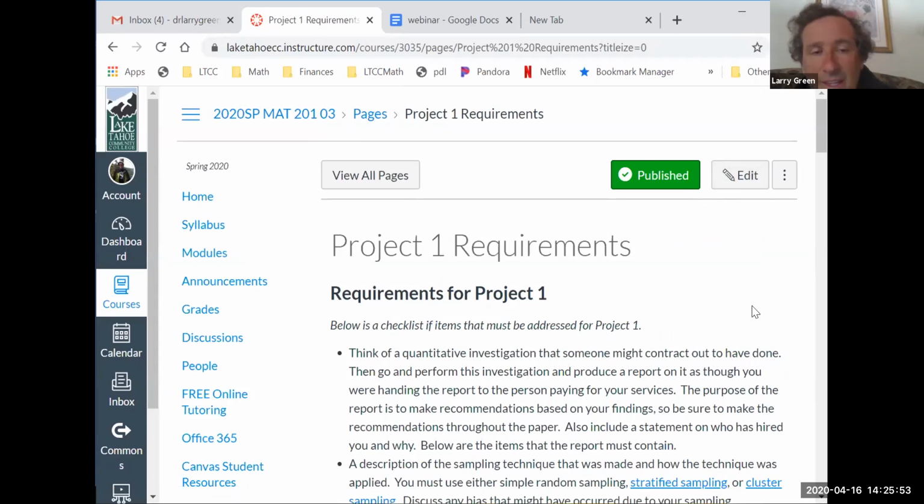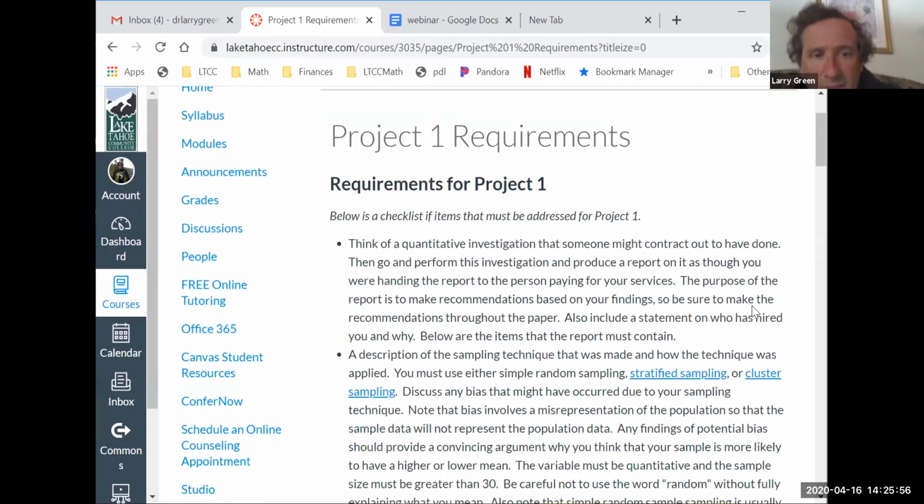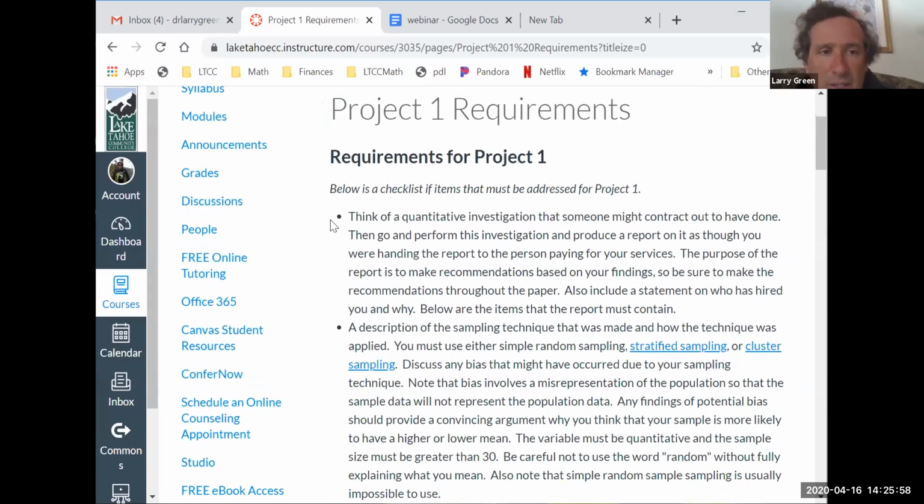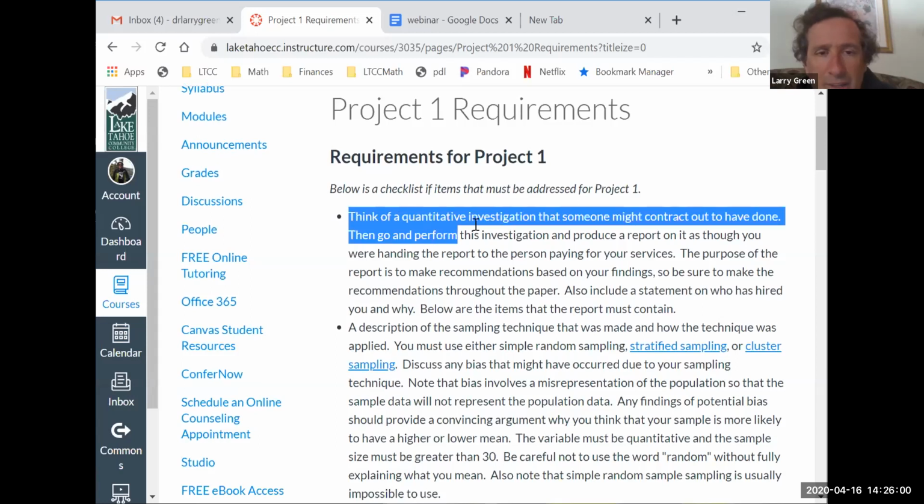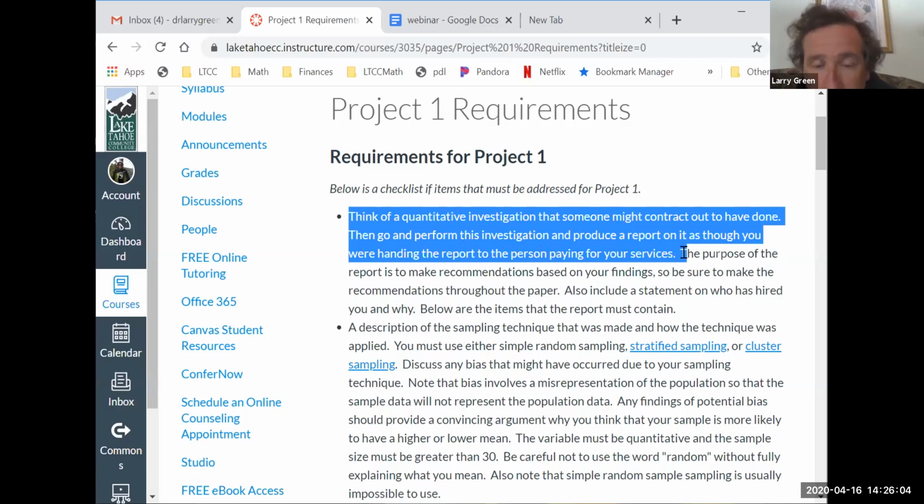I have a list of things to do. The first is to think of a quantitative investigation that someone might contract out to have done. And that someone, you need to identify. You don't have to really find someone who's going to pay you, but at least theoretically someone who might pay you.